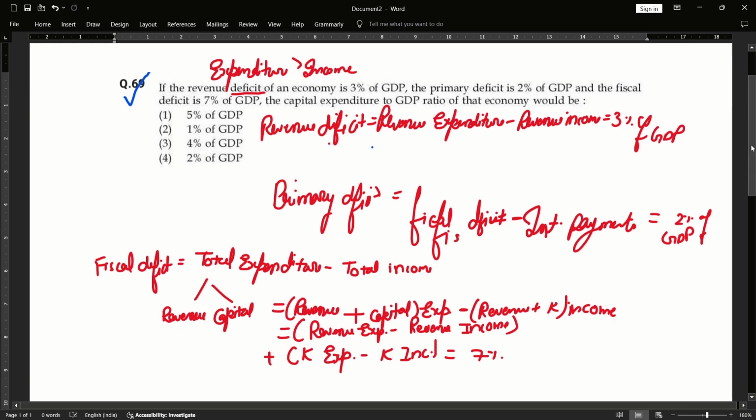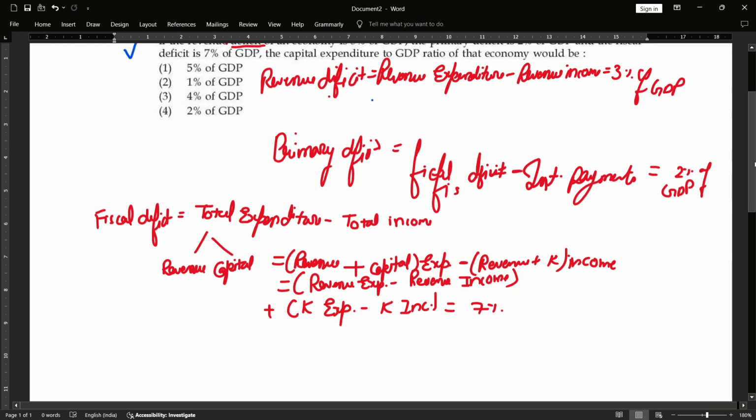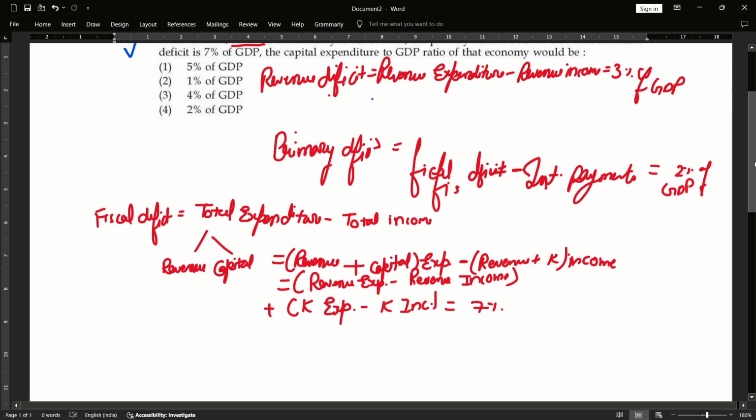Now as we know, from the first equation it has been given that revenue expenditure minus revenue income, this is revenue deficit, and it has been given to us as 3%.